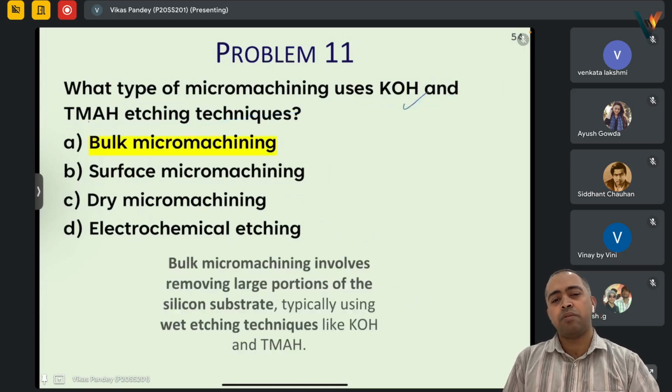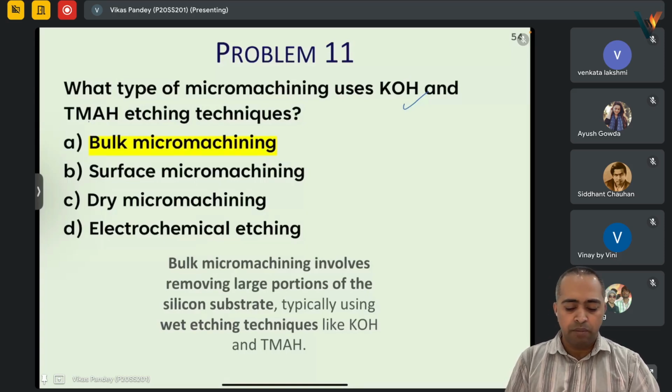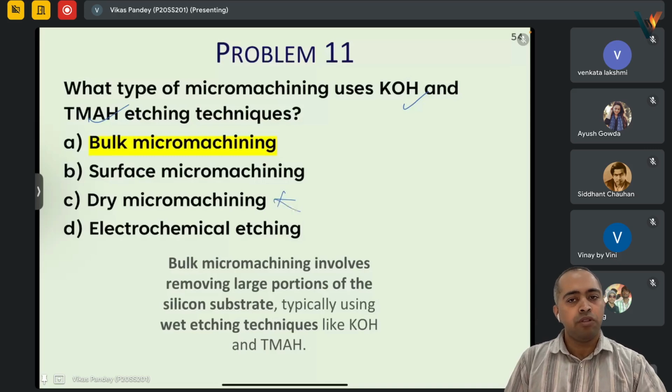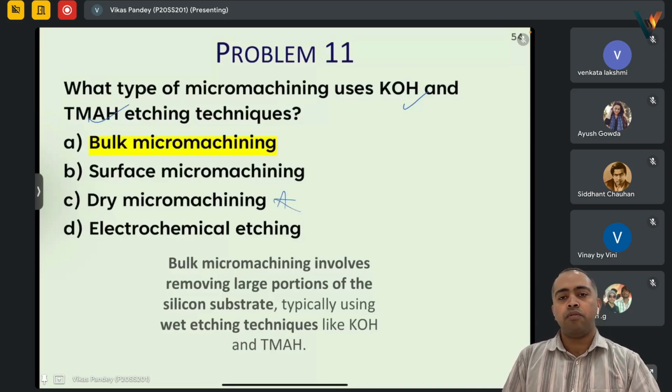For surface micromachining, although silicon removal is very rare, for bulk, KOH and TMA is the most preferred one. Okay, and dry micromachining, there is nothing like that. Although dry etching techniques are there, like reactive ion and deep reactive ion. In that we use xenon fluoride or fluorine and oxygen based plasmas.